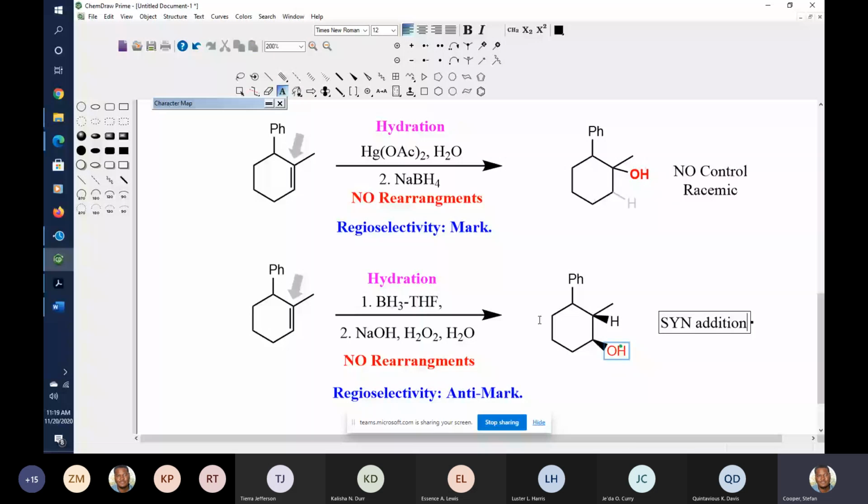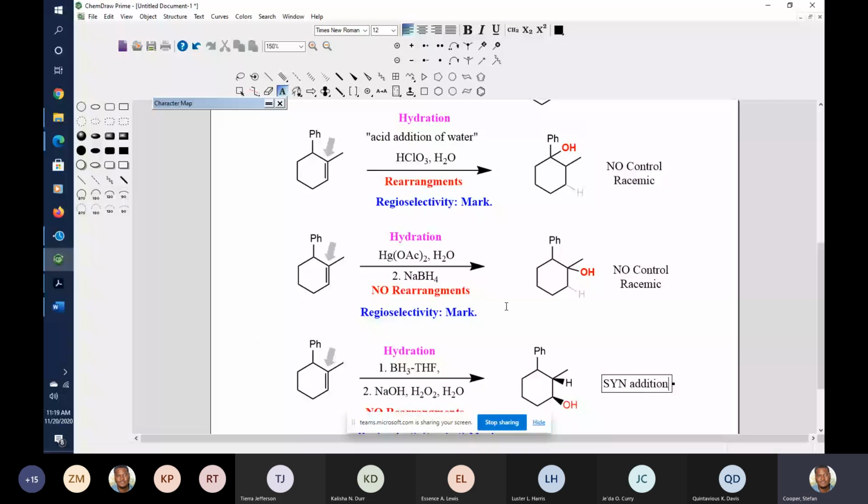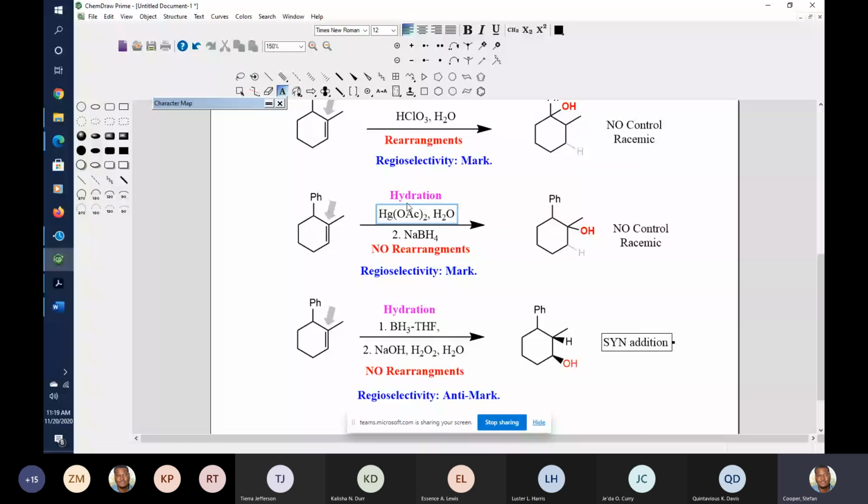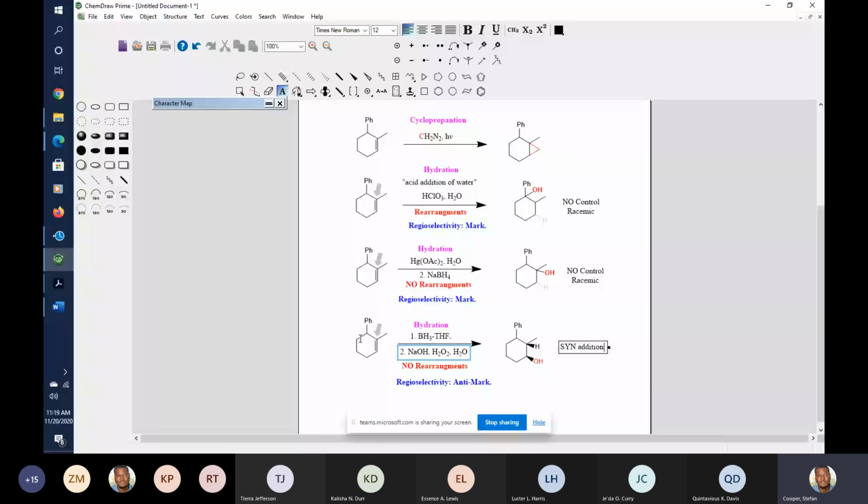So let's review our three ways of doing hydration. Let's see if I can get this to zoom in a little better. This might be the best I can do. Plain acid, this could have been HCl, that could have been H2SO4, any acid here with water is going to do a hydration, but it's going to be prone to rearrangements.